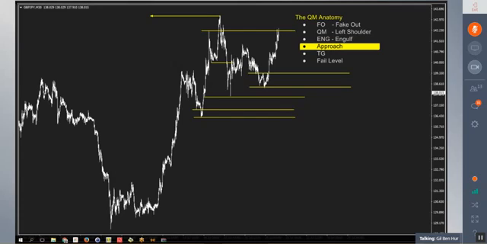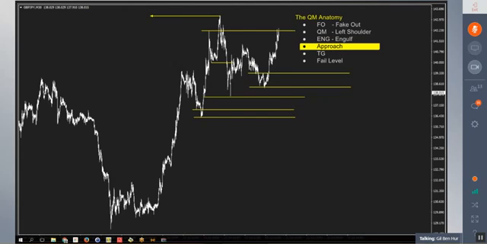If we see a Quasimodo forming on this very exact level, then this would be our PA confirmation to take a short on this one. Okay, so this is the approach, and this is how we enter.